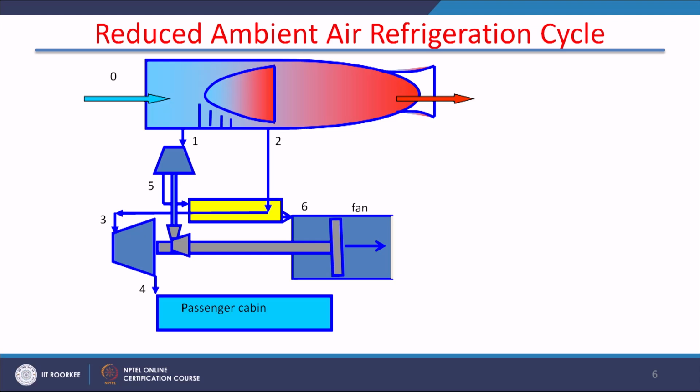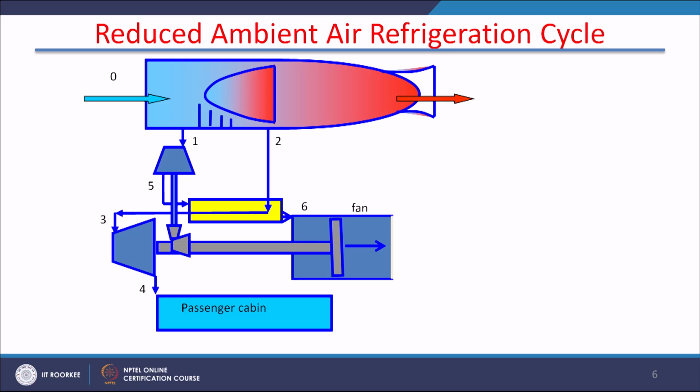So, if you look at state 5, at state 1 the air may be available at, let us say, minus 20 degree centigrade, but after the expansion the temperature of air will reduce further. So, this low temperature air will now be used for cooling the gas coming from the compressor.